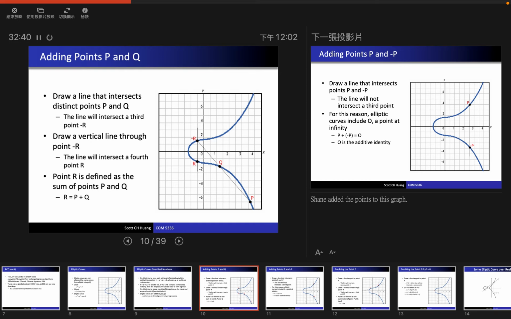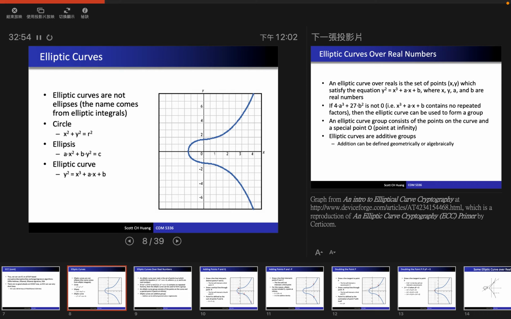I was trying to represent this as an equation. We know this is an equation. I was trying to represent everything as equations and find the answer. The problem is we're dealing with not just quadratic, we deal with cubic terms.